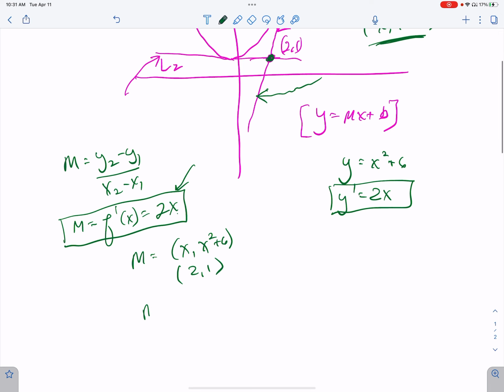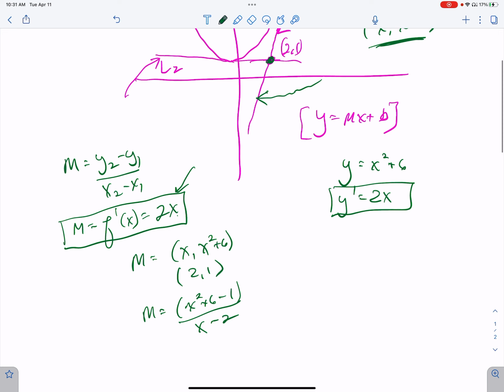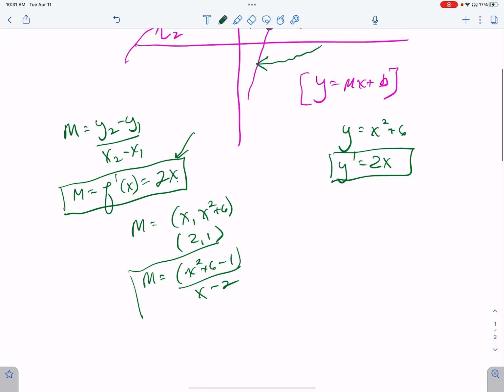So let's play that out. That slope is going to be (y2 minus y1) over (x2 minus x1). Okay, now where do we go here? This is pretty much the point that's going to pull this all together. This is the general representation of the slope.